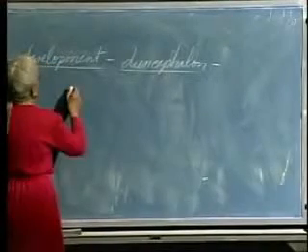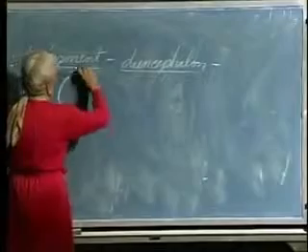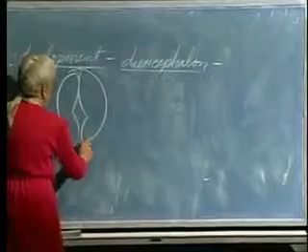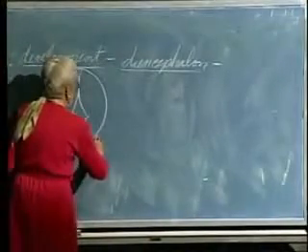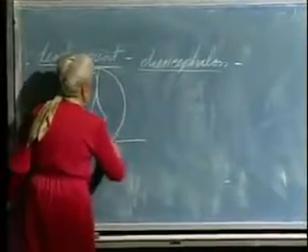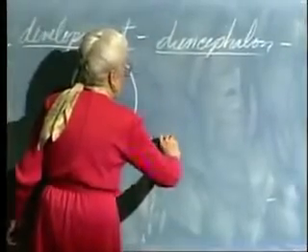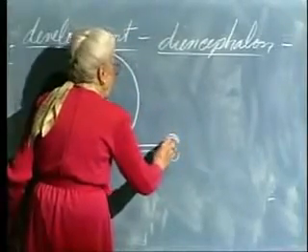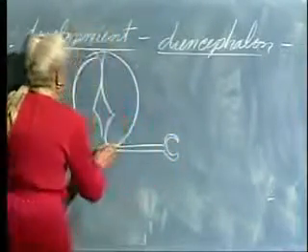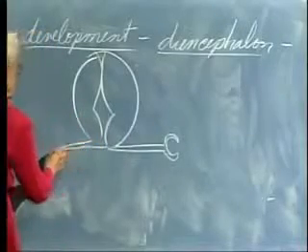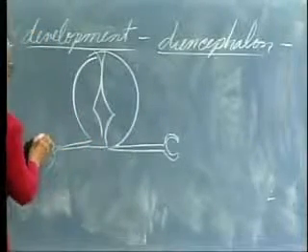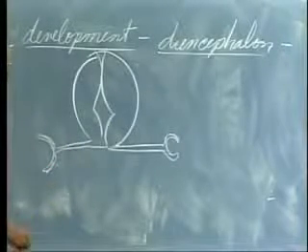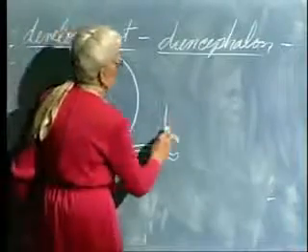So let's see. We've got a cross-section of the diencephalon. We have our central canal. And we have at the floor of the diencephalon, the migration of nerve cells that will form what's called the optic cup. Two eyes. So the optic cup has two parts.